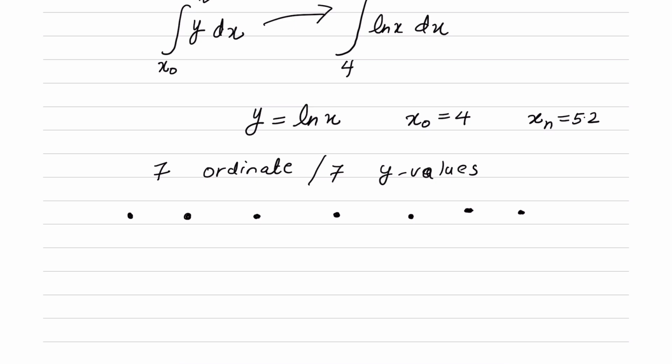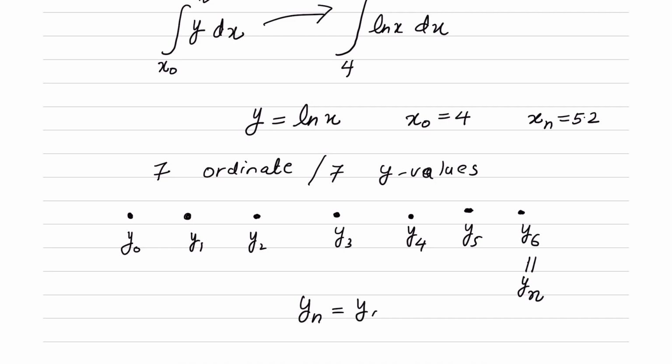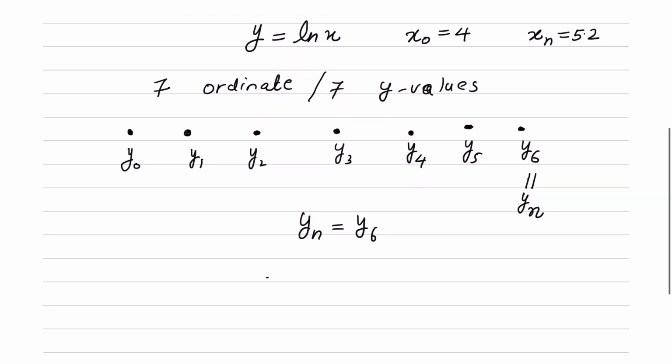We start naming it with y naught, y1, y2, y3, y4, y5, y6, and we call the last y, which is y6, as yn. This tells us yn is equal to y6, which tells us that n is 6.